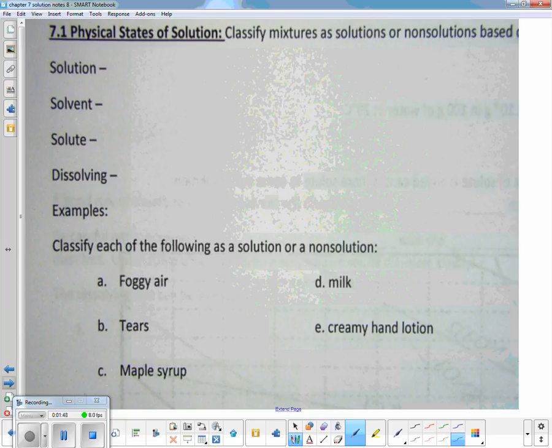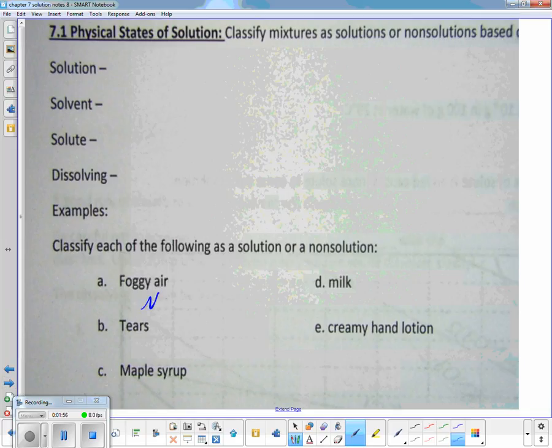Foggy air, would that be a solution or a non-solution? Non-solution. What about tears? Solution. So I'm just going to go NSS. What about maple syrup? Oh. You can see through it. What do you think is going to happen when we shine light through it, though?